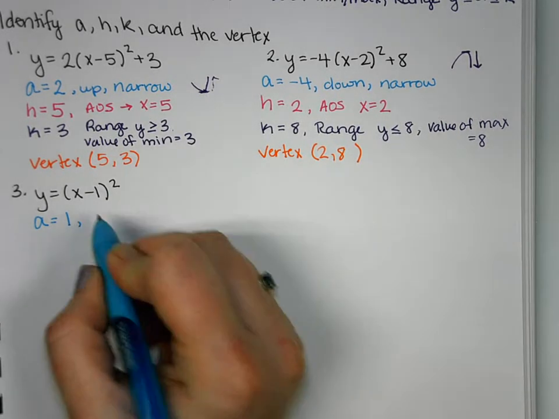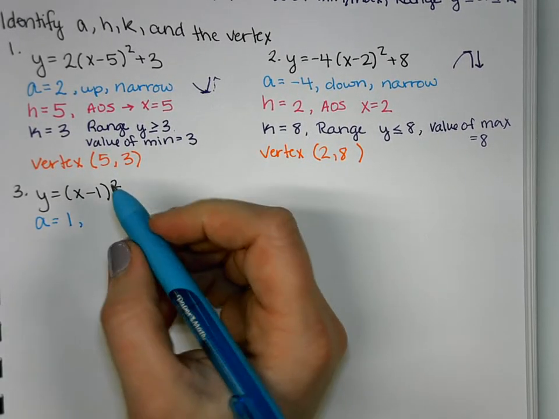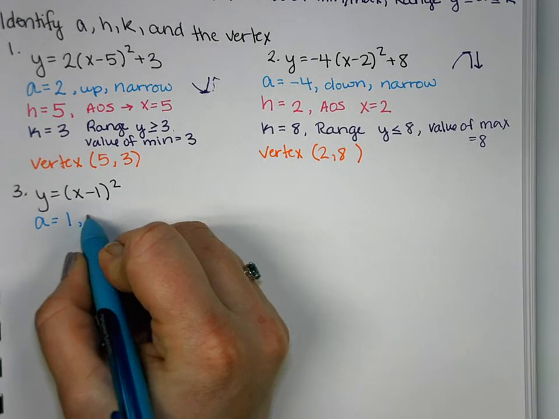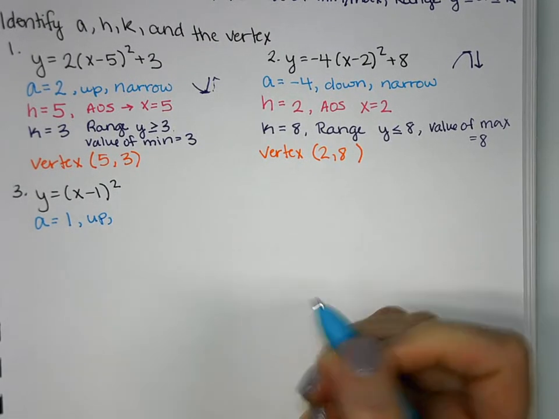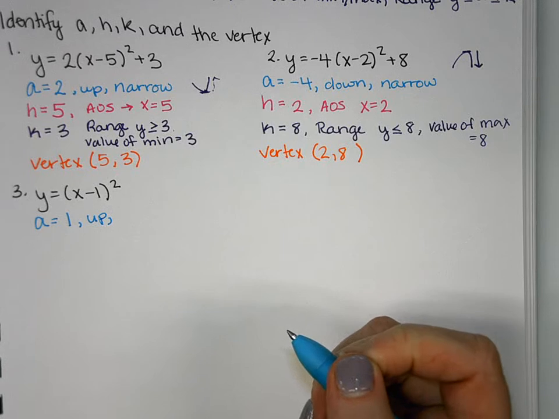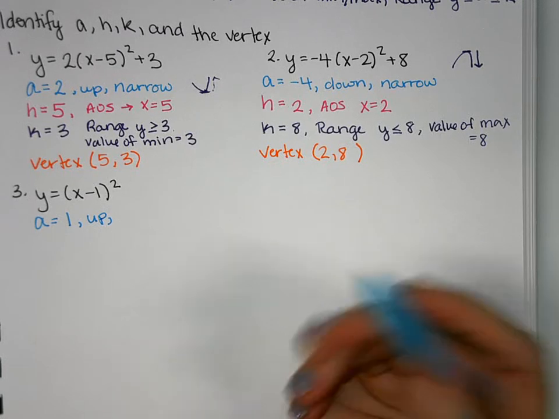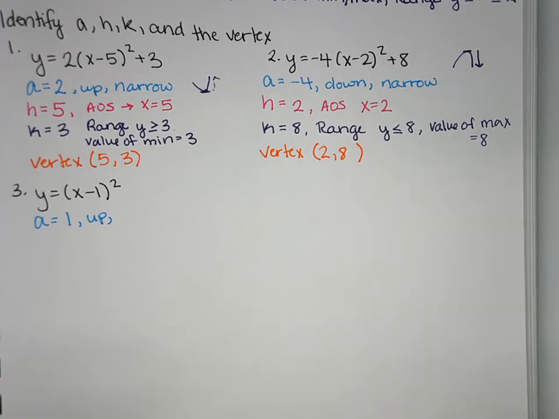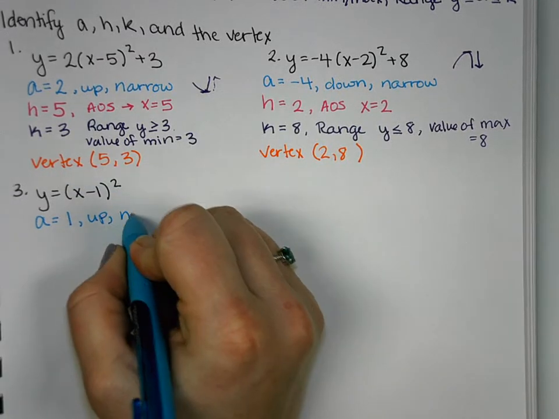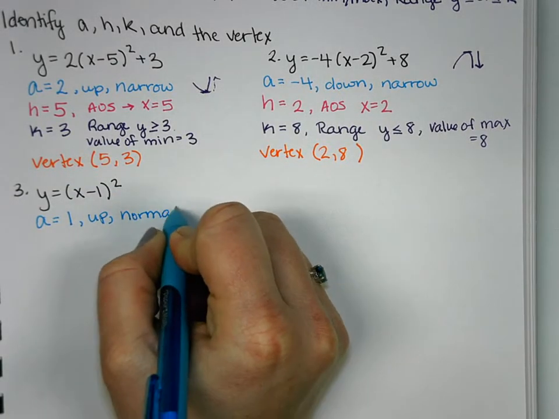So is that going to go up or down? Up because it's positive. Now is it narrow, wide, or normal? This is normal. When it's 1, that's your normal graph. Narrow is when it's bigger than 1, wide is when it's between 0 and 1. When it's 1, we call that normal, because that's our parent graph.